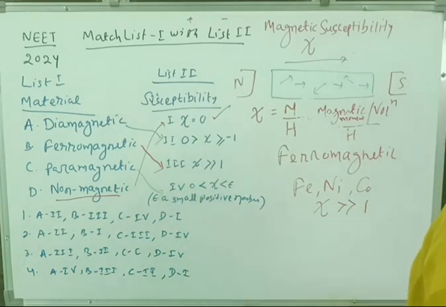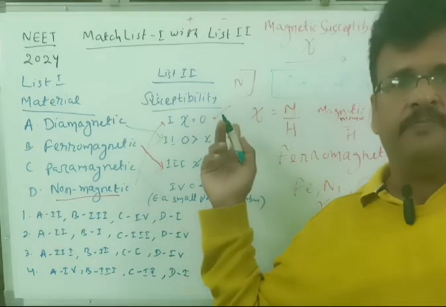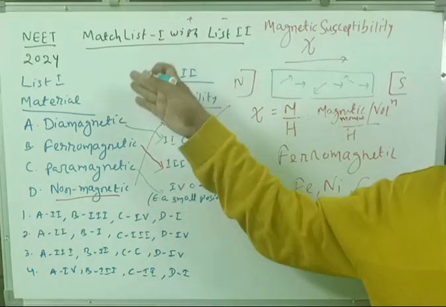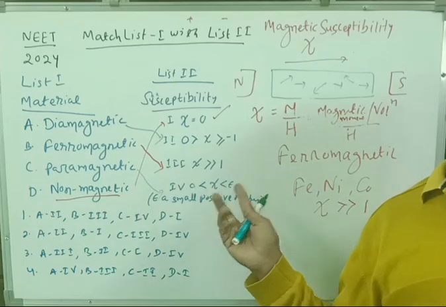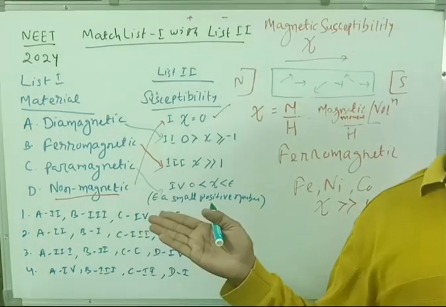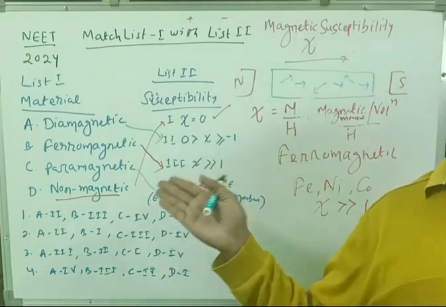In this way, depending upon the response of the material to an externally applied magnetic field, materials are divided into four types. If there is no change in the alignment of the atomic dipoles, they are called non-magnetic.